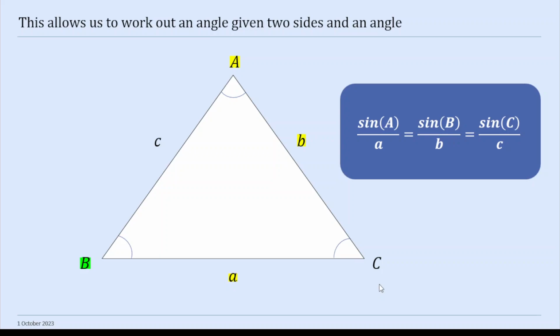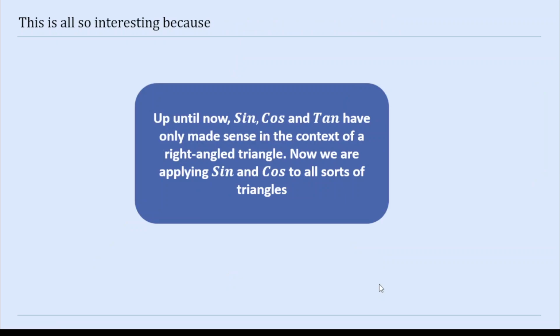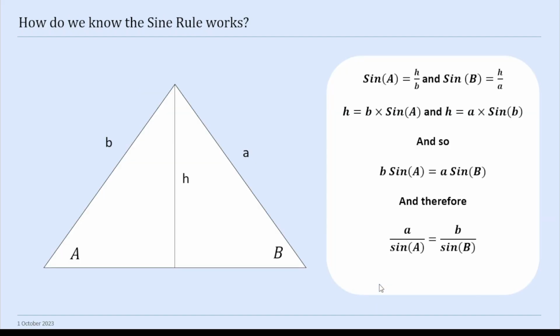So in some cases, if you have the inverse sine of sine 80, that can be 80 or 100. So sometimes this is non-unique. That's the point. And this is also interesting because up until now, sine, cos and tan have only made sense in the context of right-angled triangles, and now we're applying sine and cos to all sorts of triangles. So how does the sine rule work?